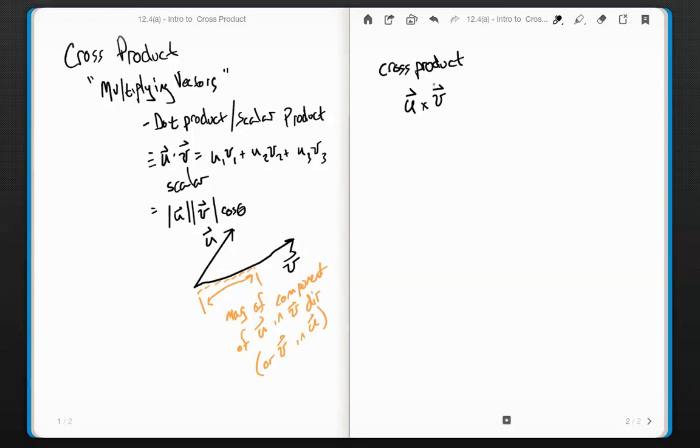And just like we did a geometric interpretation of the dot product, we'll do a little geometric interpretation here. So if I had u and I had v here, the cross product winds up being the area of this parallelogram.